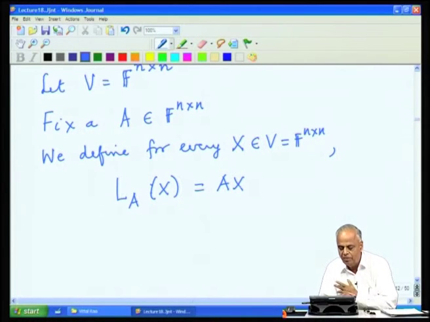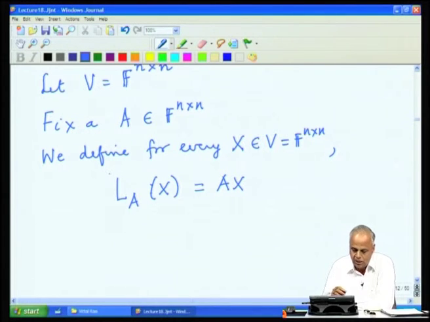So, we are left multiplying any matrix X by the matrix A, and that is why we use the symbol L, which means left multiplication by the matrix A. So, the transformation is denoted by L_A.